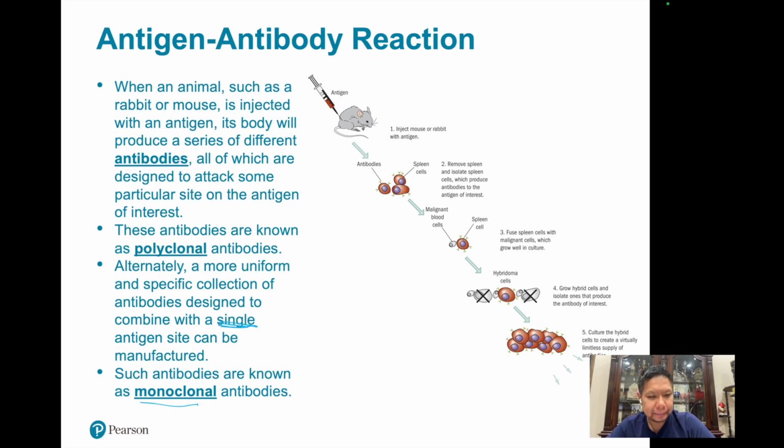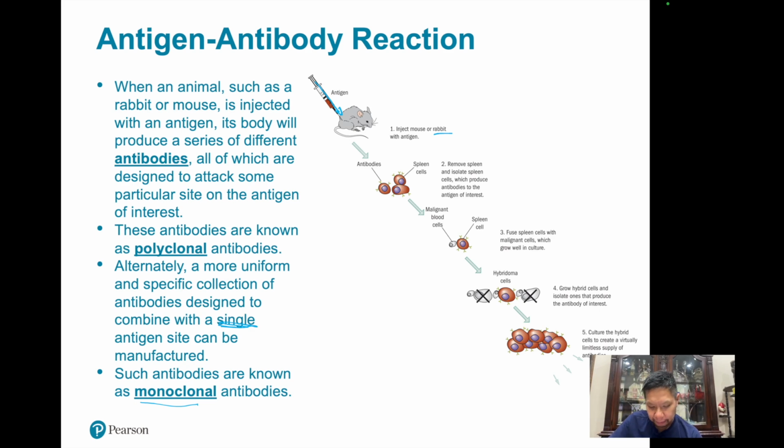The way that we make antibodies is by injecting an antigen into a small rodent, a mouse, and the antigen is again anything foreign, and so the mouse will go through, or it could be a rabbit too, will go through and begin to create antibodies for the foreign antigen that you have introduced to its blood.